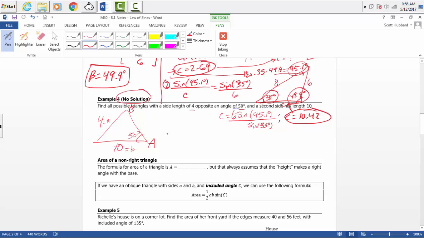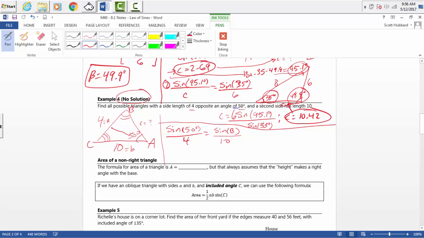Let's see what happens. So if I write this out, try to do sine law, so this will be little c unknown, and I don't know c, the angle. So let's try sine law. So it's going to be sine of 50 over its opposite side, 4, is going to equal sine of b over its side, which is 10.